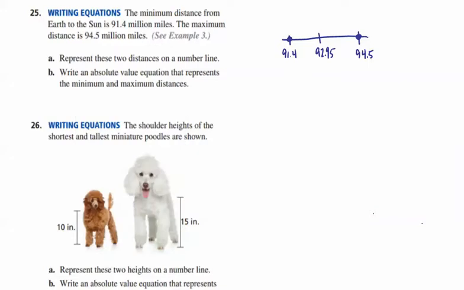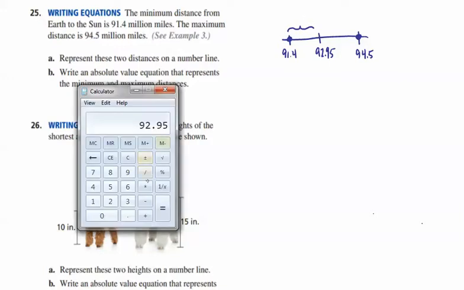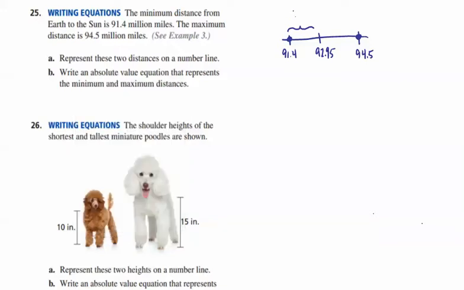as the center. Then we're going to find the distance between 92.95 and 91.4. The easiest way to do that is to subtract 92.95 minus 91.4, and we get a distance of 1.55.